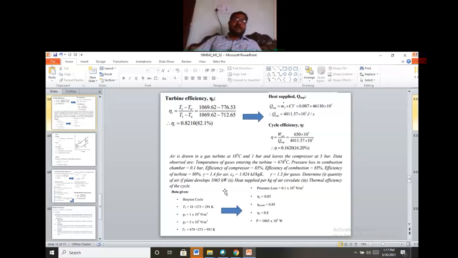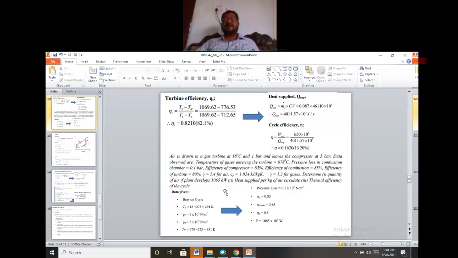Here, one more problem is there. You can read this statement of the problem. Air is drawn in a gas turbine at initial temperature T1 of 18 degrees Celsius and the pressure is 1 bar. It leaves the compressor at P2 of 5 bar. Data observed: the temperature of gases entering the turbine is 678 degrees Celsius.